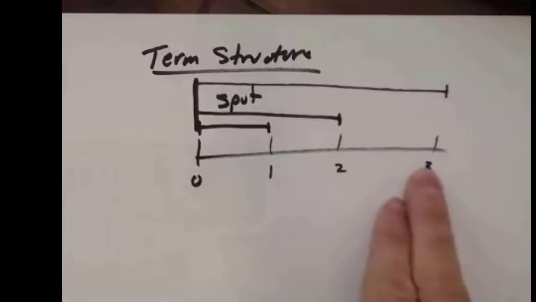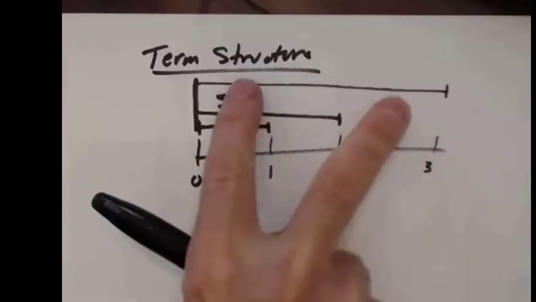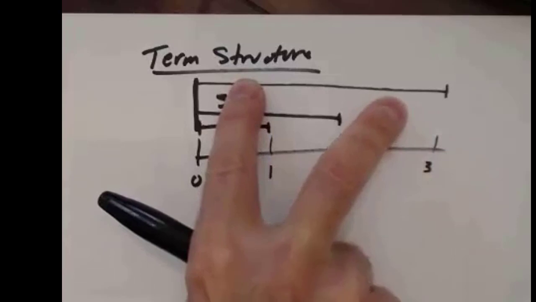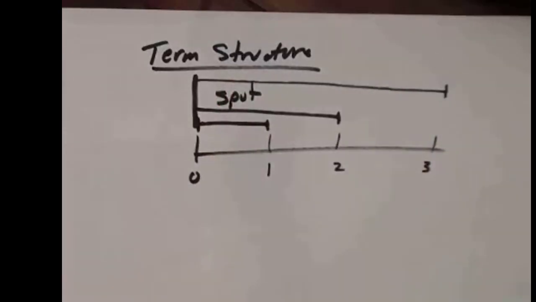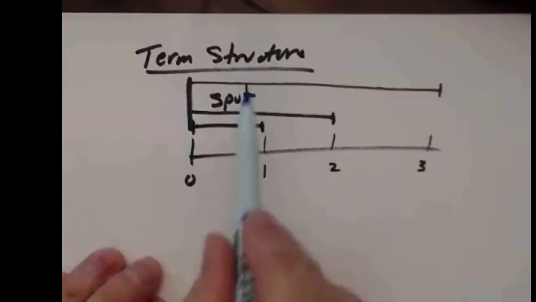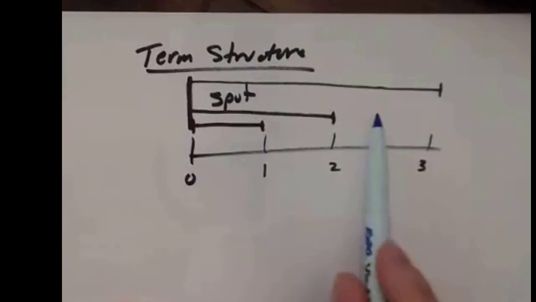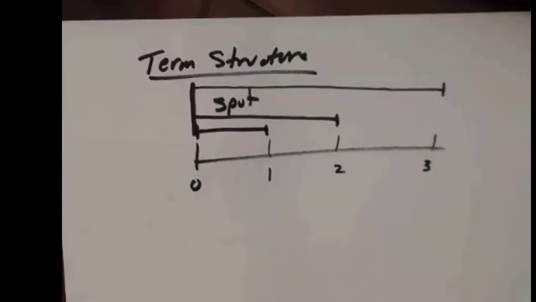If we have a cash flow at period 3, we're going to discount it back at the 3-year spot rate. That's the first important thing you need to get a handle on here. And notice you see term structure: the structure of interest rates over terms, maturities into the future, time.